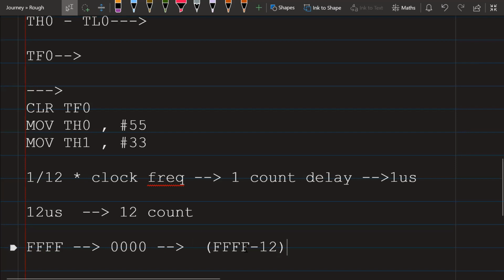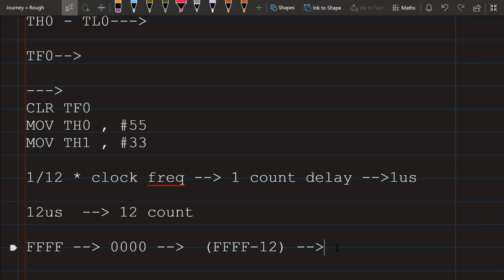So it will be just 12 below FFFF. The counter will reach the maximum value in 12 counts, then we will get that 12 microsecond delay. It's a simple funda. I gave one example like 10 milliseconds, where each count gives 1 millisecond.